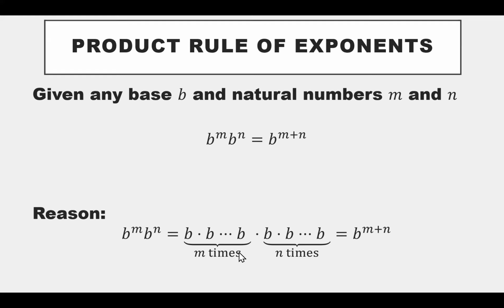So we get m plus n factors of b. Once we know that, we can very quickly rewrite and simplify things if we have the same base. Now, this rule only works if we have the same base. If I had 2 different bases, I could not do this rule.